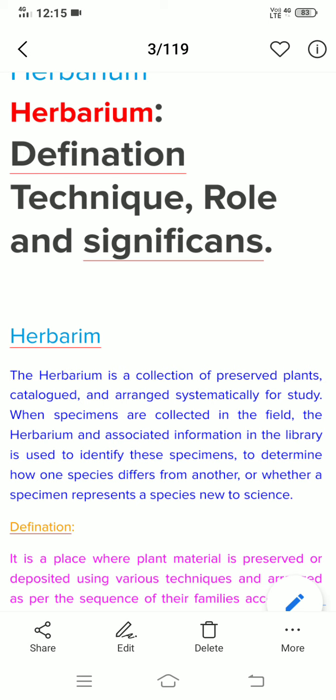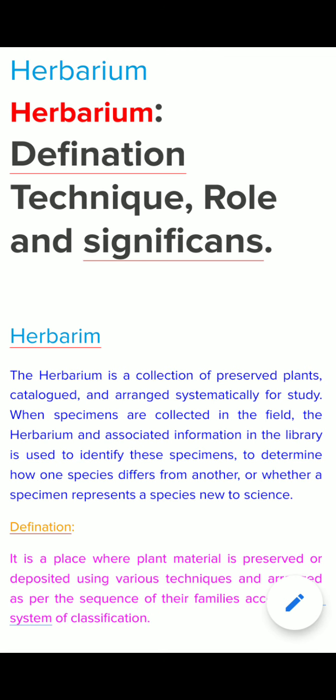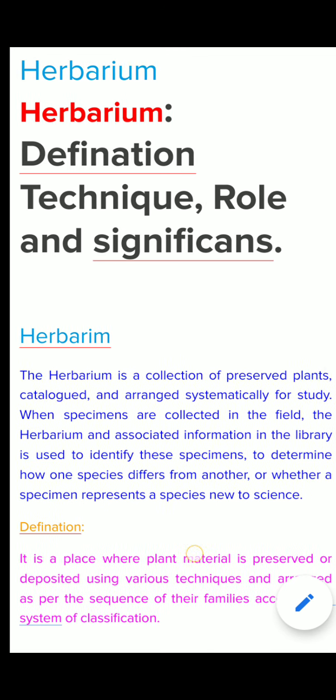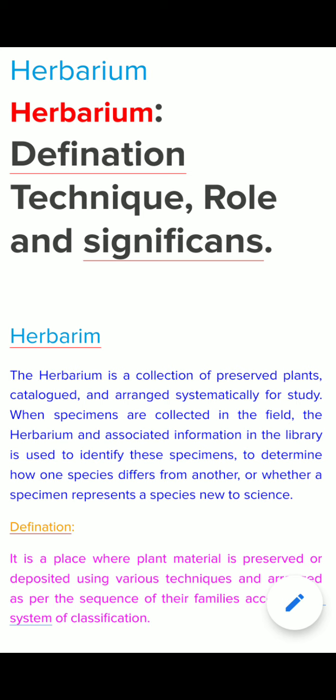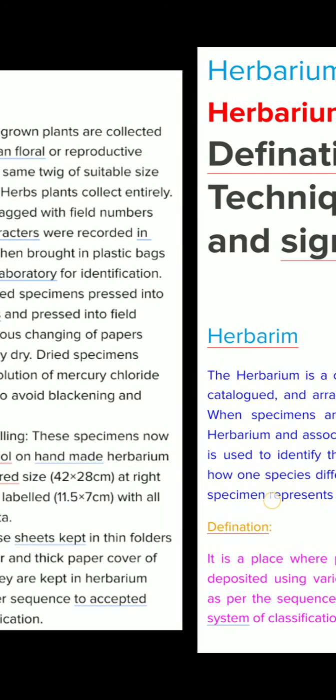It is a place where plant material is preserved or deposited using various techniques and arranged as per the sequence of their families according to the accepted system of classification.